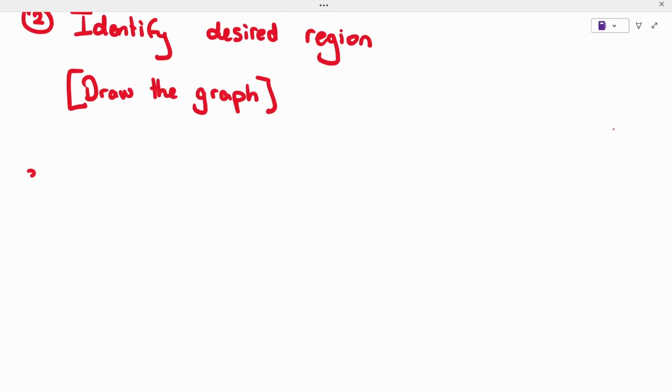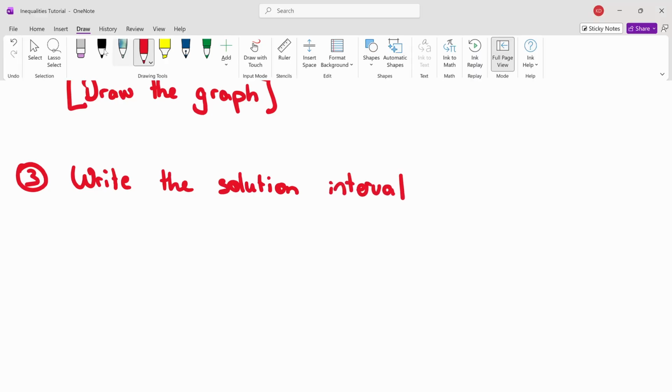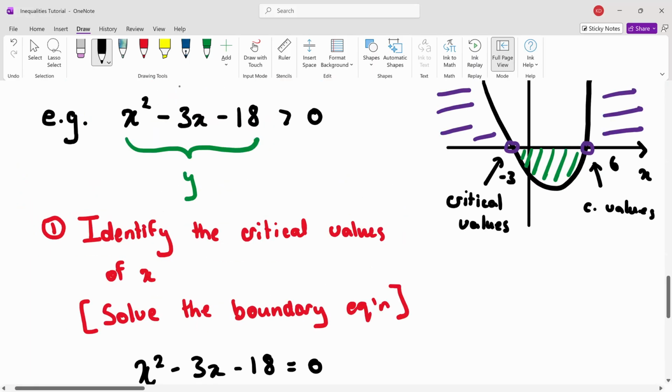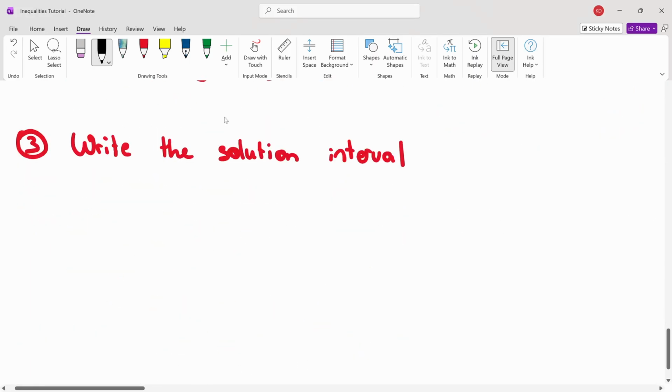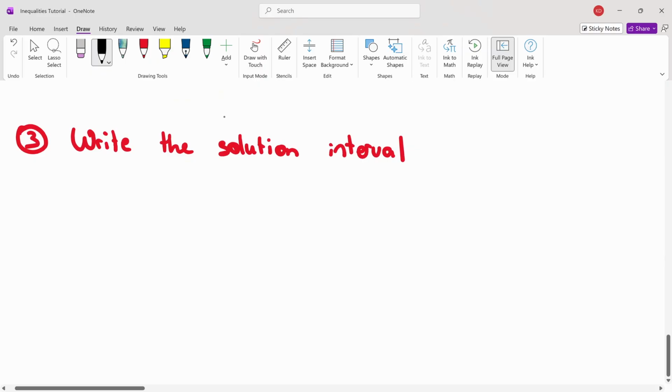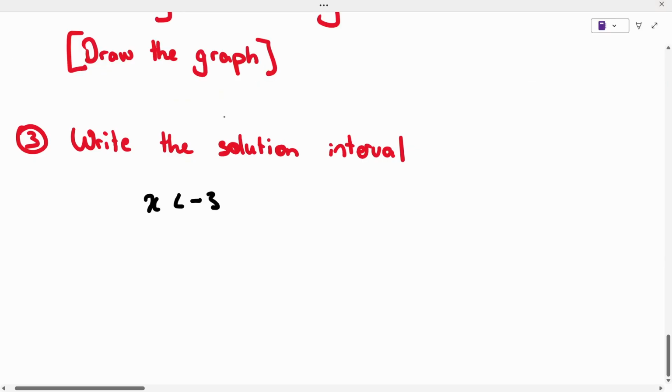The third step, you could write the solution interval. Based on your graph up here, we need x's less than minus 3 or x's greater than 6.